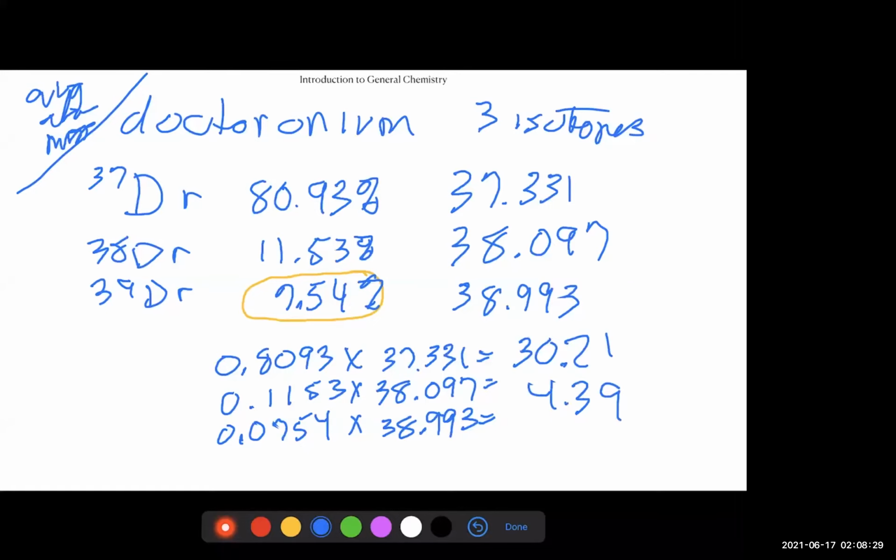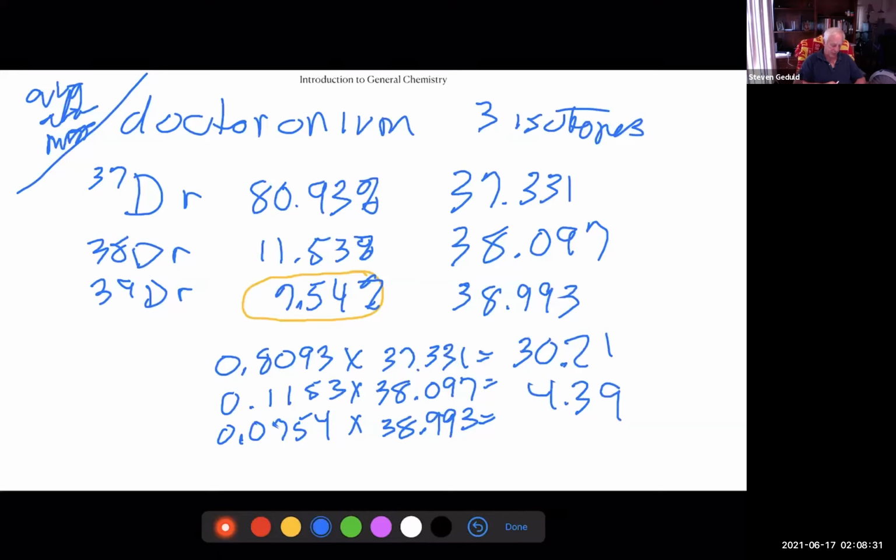Okay. And 0.0754 times 38.993. These are 2.94. And then we add all those together.